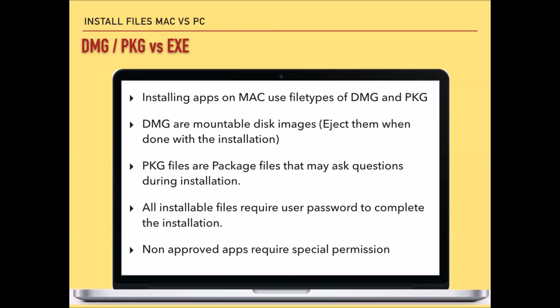And some of the apps that you may find on the internet are not Apple approved applications. And so when you go to install one of those, it may ask you for some additional permission, or it may tell you that it's not allowed. But you can simply go into the system preferences and allow that application and override the installation permissions.